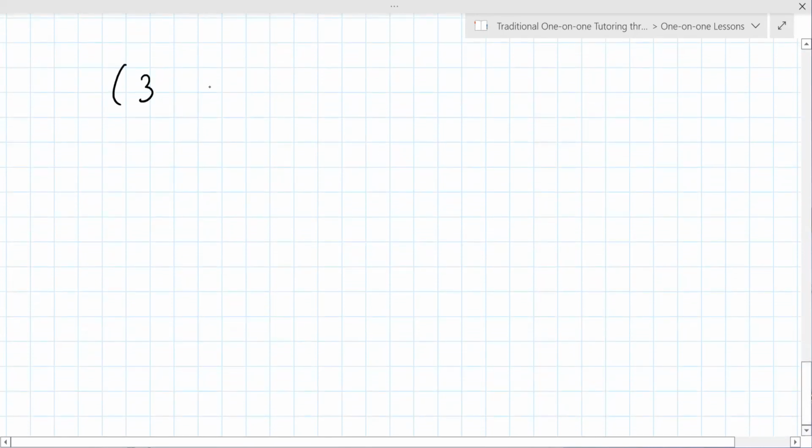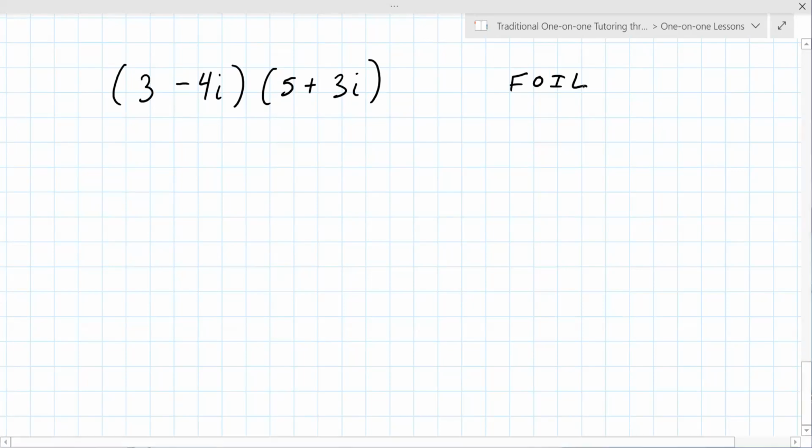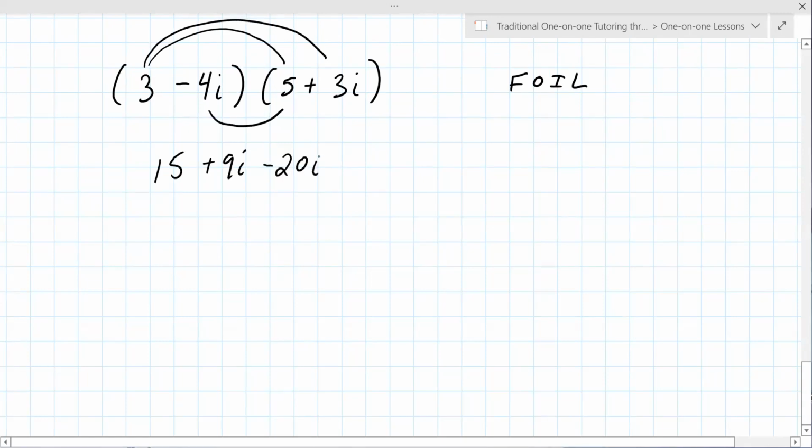So we're going to look at something new here. We're going to look at 3 minus 4i times 5 plus 3i, and we're going to FOIL this. So we have 3 times 5, 15. 3 times 3i, that's 9i. Minus 4i times 5, minus 20i.